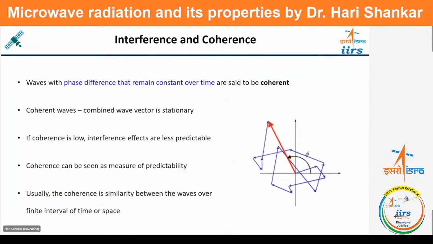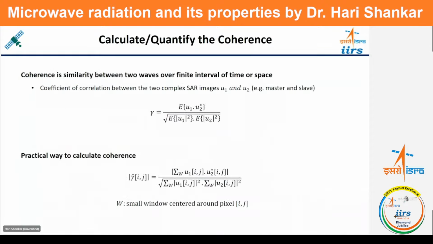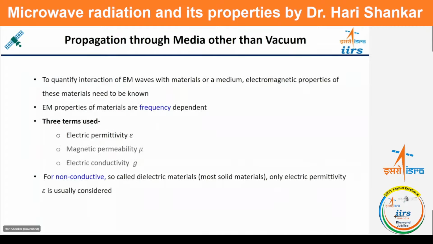This is basically called interference or coherence. Coherence means the similarity between the signals. If the similarity is very high, they form constructive interference. If the similarity is very low, they form destructive interference. These are the formulas for coherence. Coherence is just like the coefficient of correlation, so we can calculate these things.